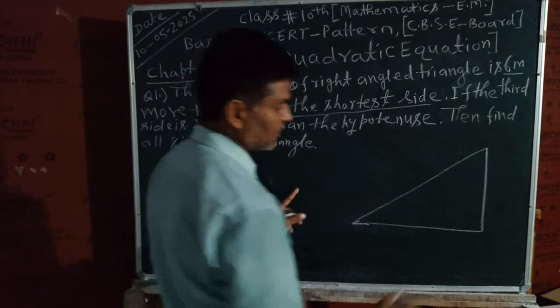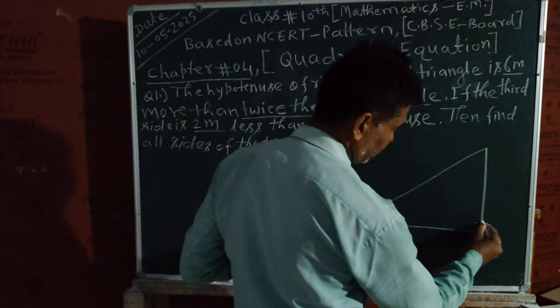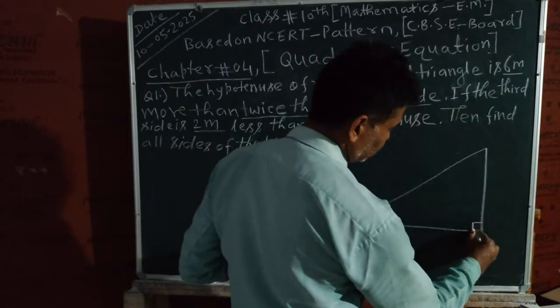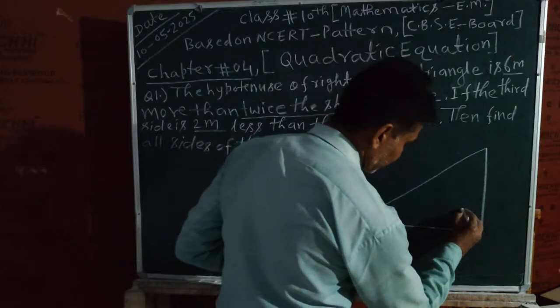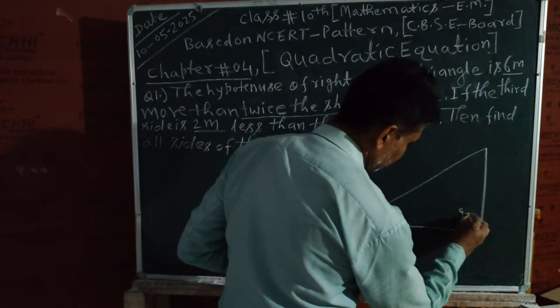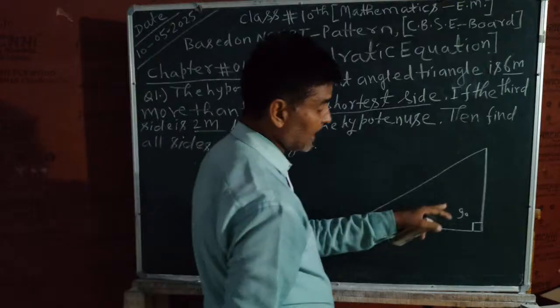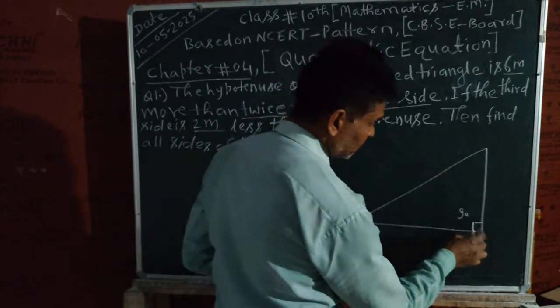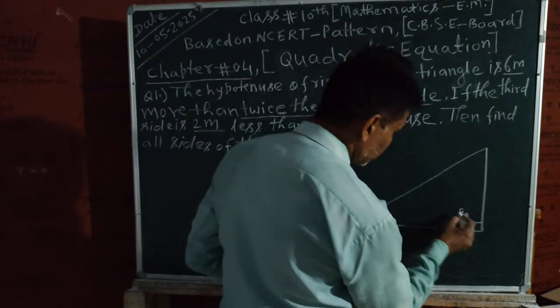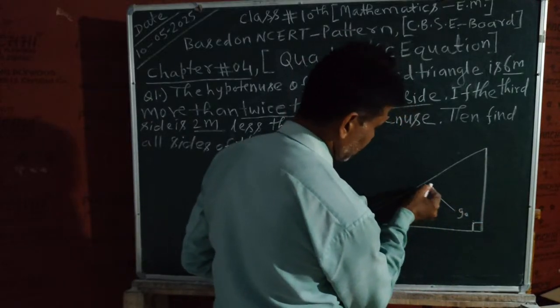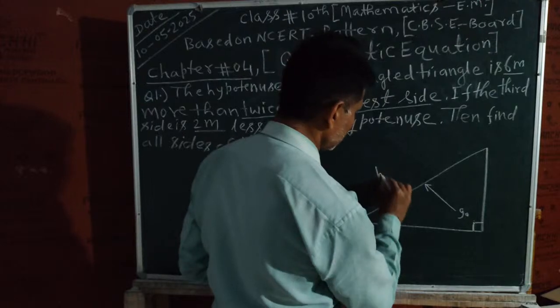So here, if a triangle is a right angled triangle, it means that the triangle has three angles and any one angle will be 90 degrees. So I will say that this triangle is a right angled triangle. Here this angle is 90 degrees and along this side I will say that is the hypotenuse.